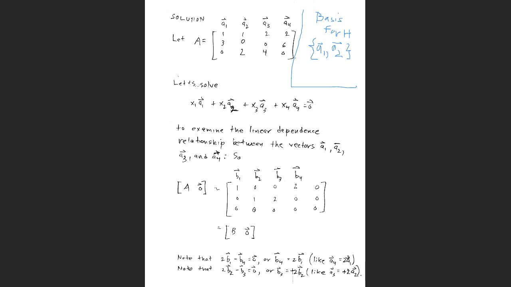So the basis for H is the set of vectors A1 and A2. Geometrically, what would that span look like? Where does it live? Does it live in two-dimensional space or three-dimensional space?